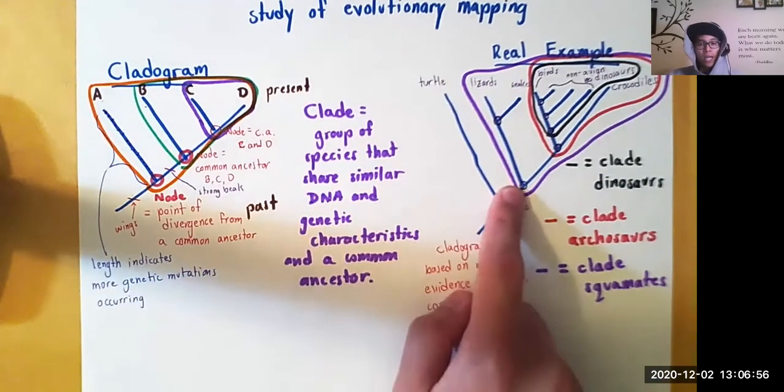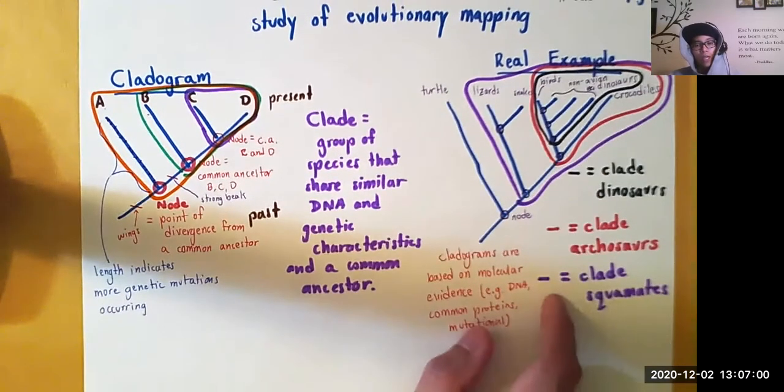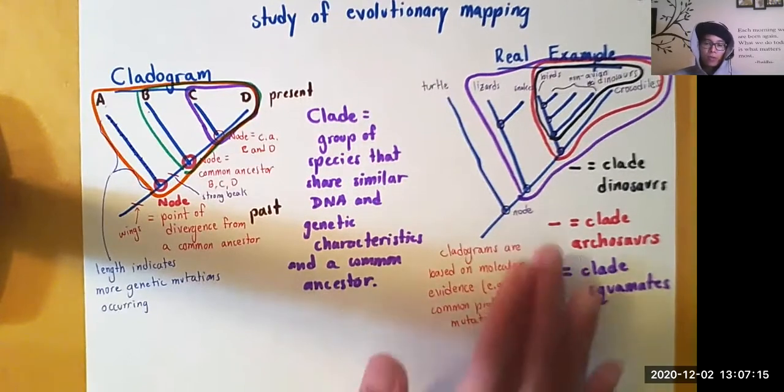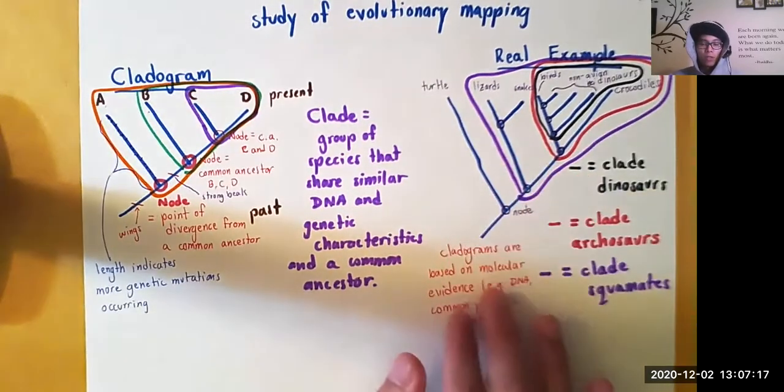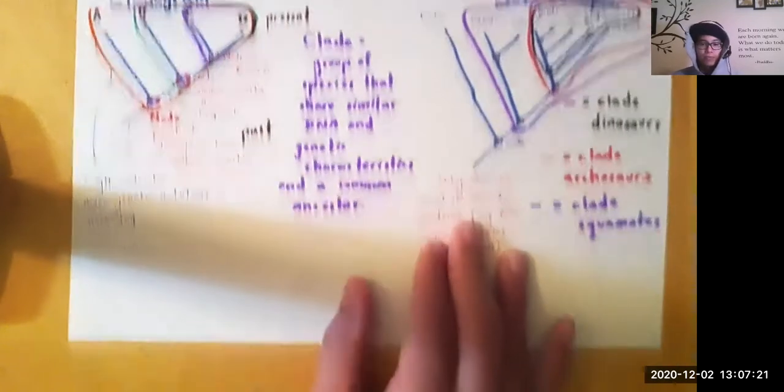We gave you a real example last time of a clade called dinosaurs, archosaurs, and finally the clade squamates. Cladograms are not unchangeable. They can shift according to new DNA molecular evidence. As you can see, these cladograms can move if we find more evidence to build our knowledge.